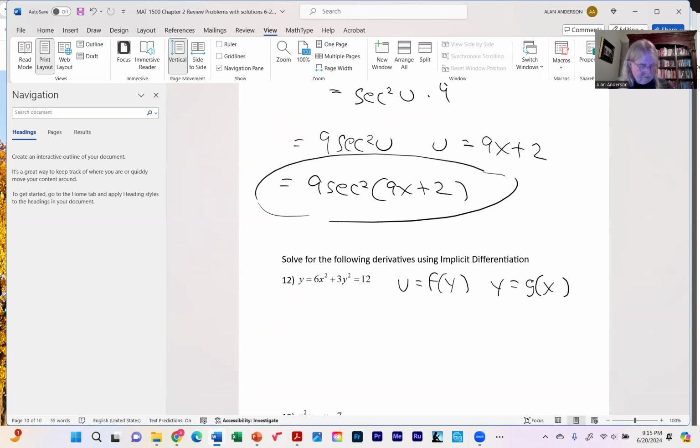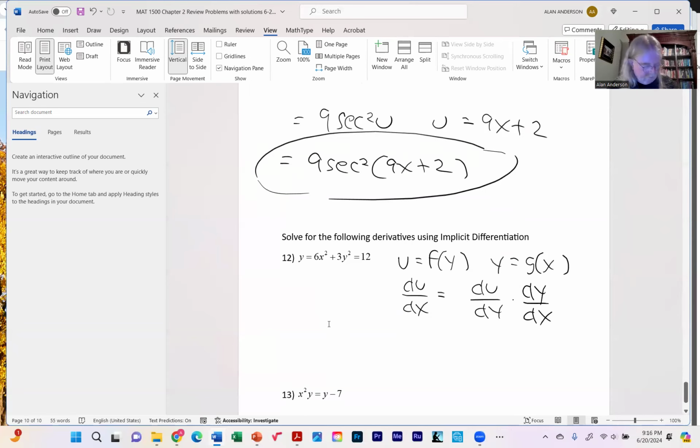And what we know here is that for each term, we can treat each term individually. Oh, one more thing. Don't forget about this part: du/dx equals du/dy times dy/dx. Now, if I differentiate both sides, oh, you know what I just realized?